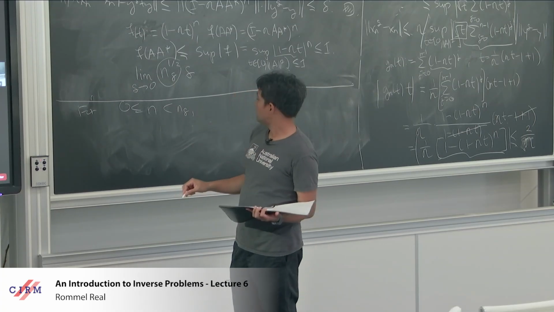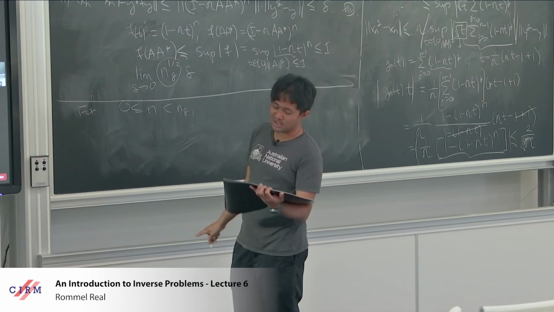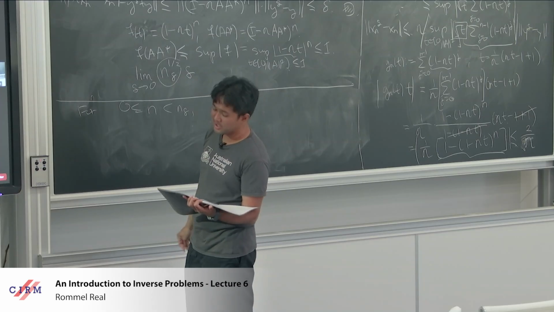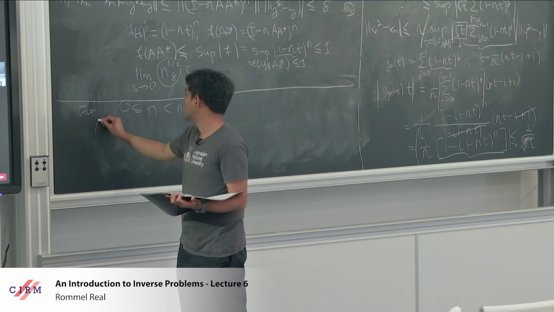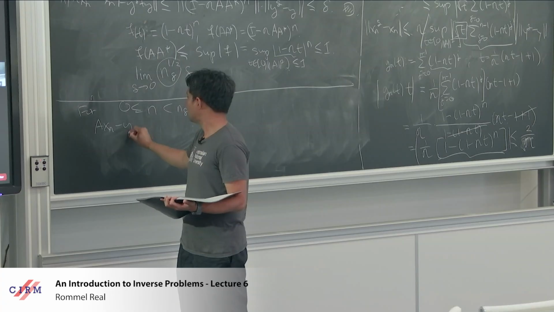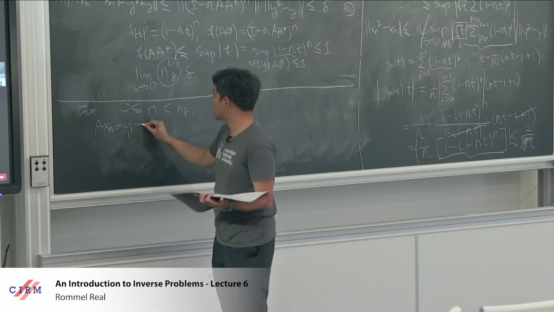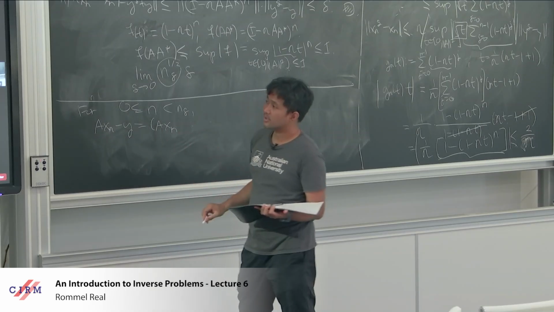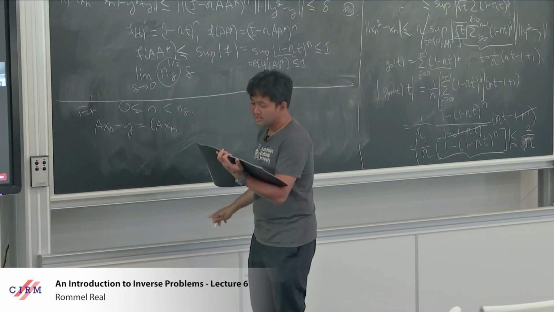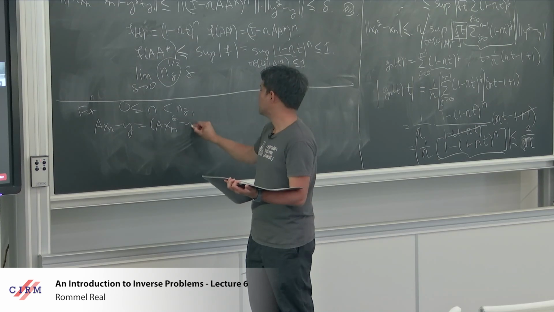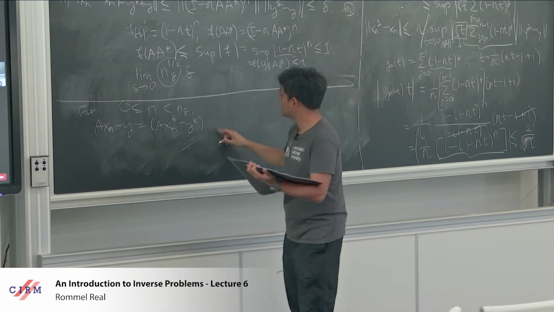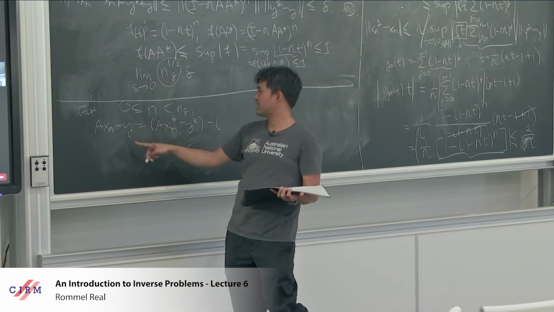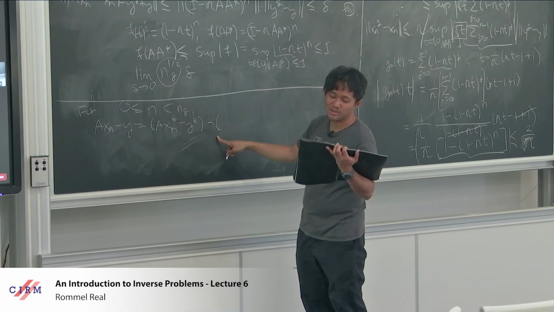Okay, but before that, let's try to rewrite this very nice decomposition, actually something that we had last time. So that's a x_n, that's actually x sub n delta minus y delta. So we write a x_n minus y in terms of these very useful terms.